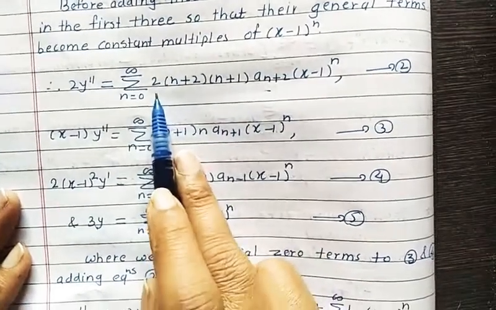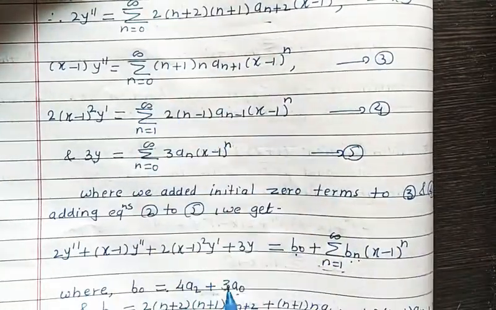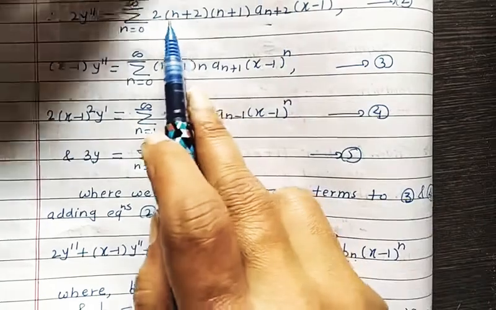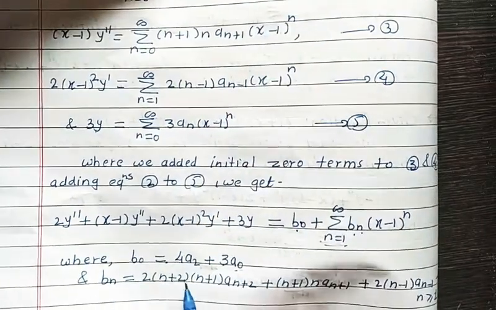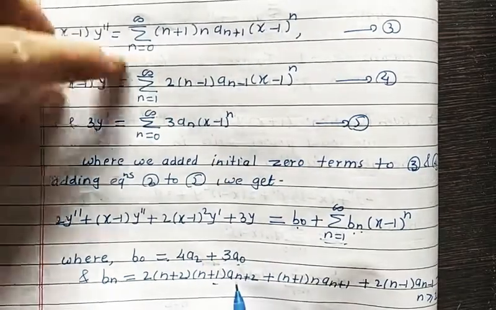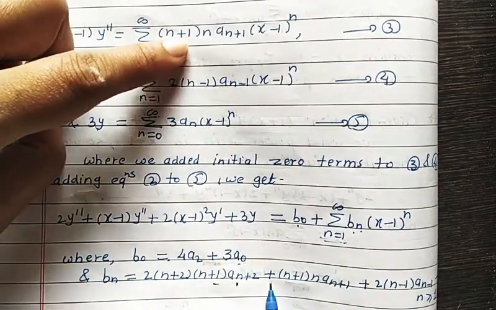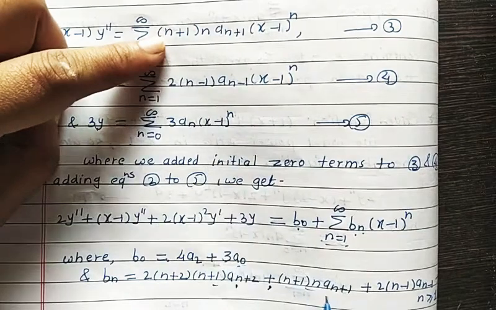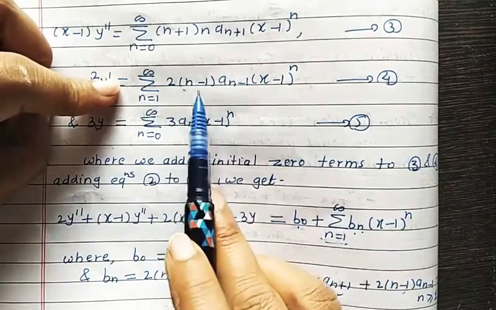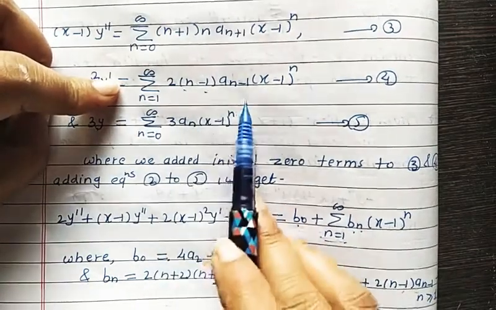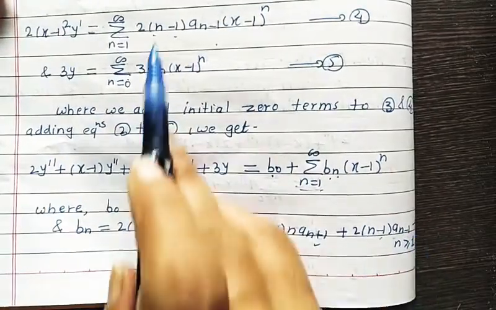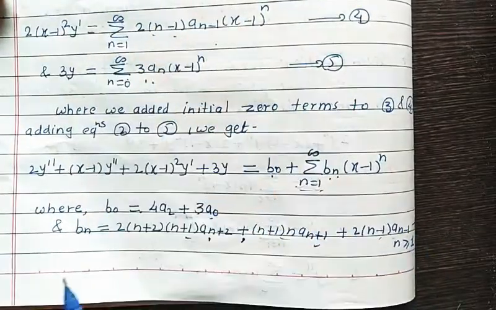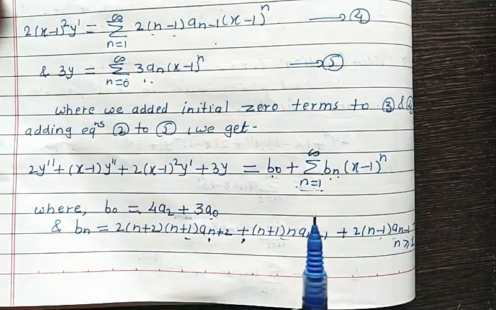So that will be 2 into, so here you can see, the first term 2n plus 2n plus 1 an plus 2, then plus n plus 2n plus 2n an plus 1, plus 2n minus 1 an minus 1, and last plus 3n. So here is the last plus 3n, so we added this. So this is our required answer.